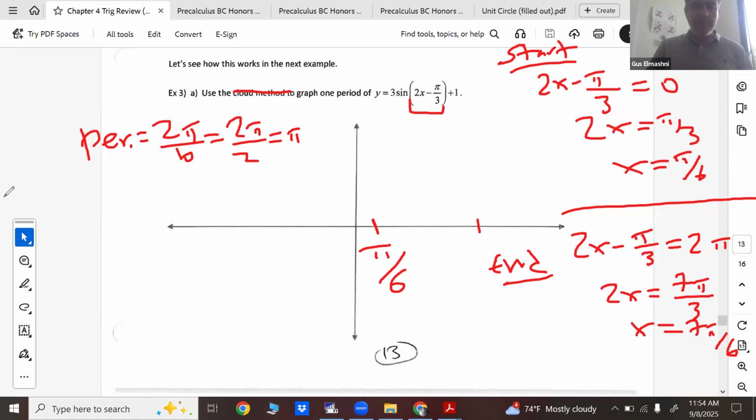Let me stretch out a bit more and let me erase the other stuff. Okay, and then in between, you have to partition it. What will be right in between these two guys? They're 4 pi over 6. And then, that's so nasty. I don't like that. I guess you could say 2.5 pi over 6.